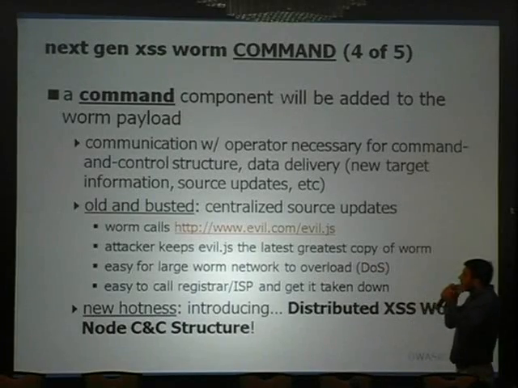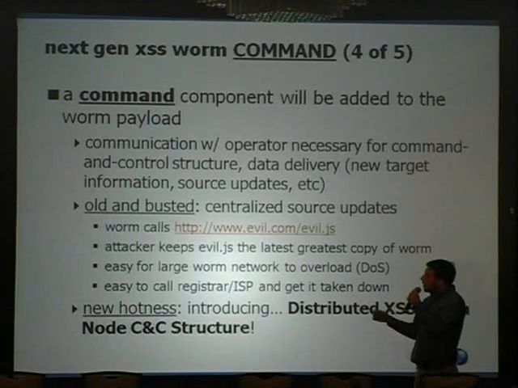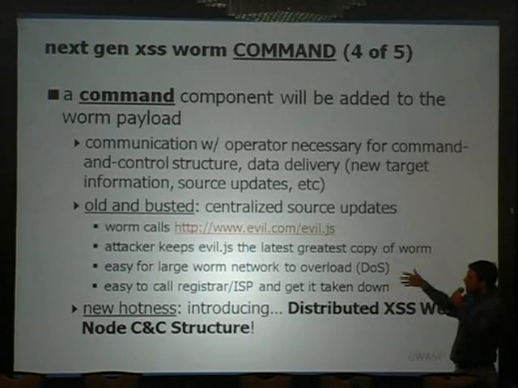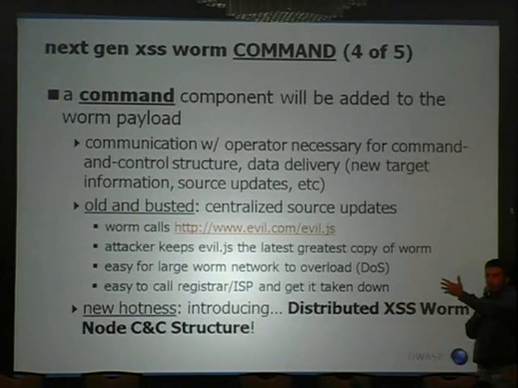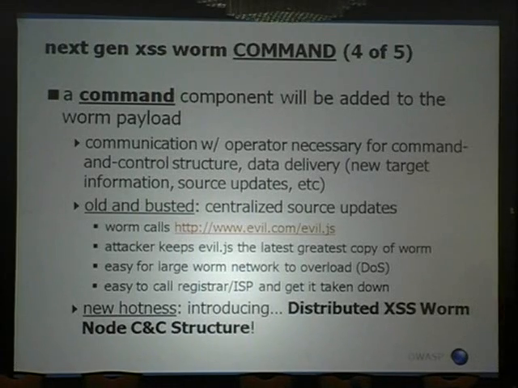So as time went on, evil.js would be the latest and greatest copy of the worm. But again, there's problems with that centralization. So the problem I wanted to solve was how can we make a command and control structure without running into this problem of centralization. So I came up with a distributed XSS worm node command and control structure, which is really too long and absurd of a title.